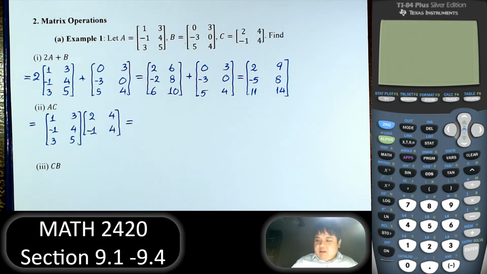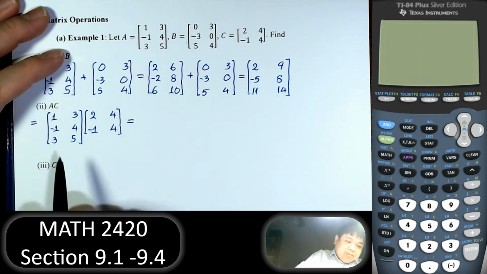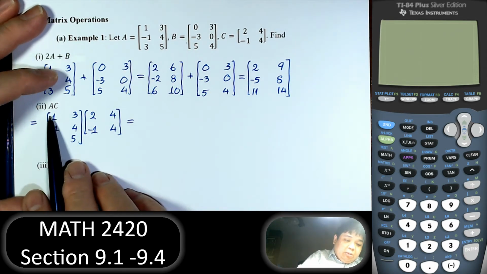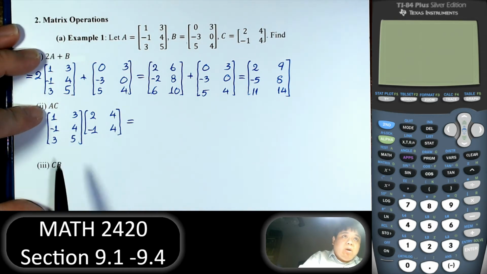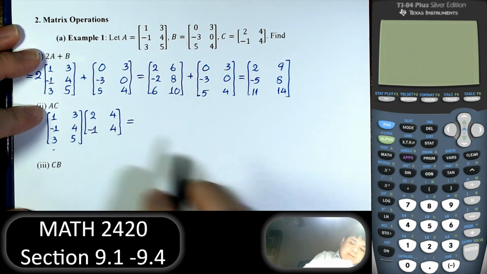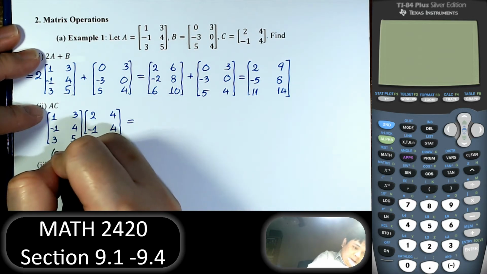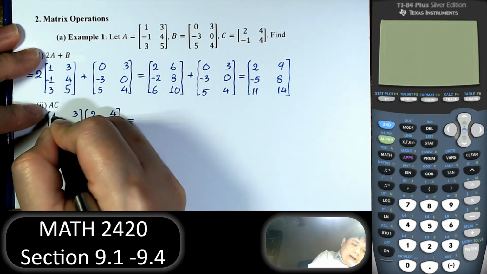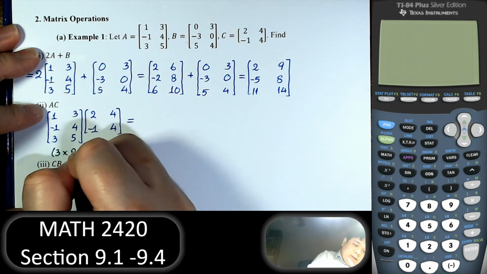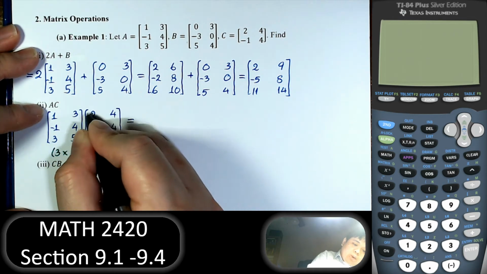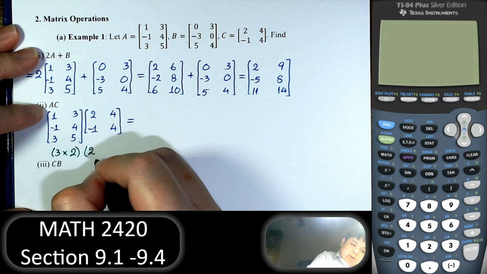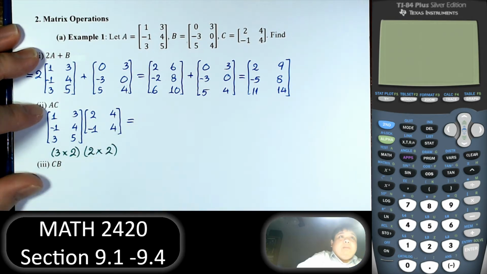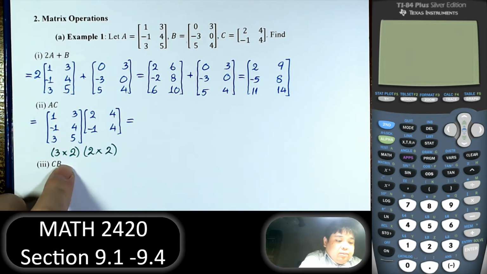If not, that's fine. So when we multiply the matrix, before we do anything, just look at this is a matrix that has 1, 2, 3 rows and 2 columns. This one has 2 rows and 2 columns. So when we multiply the matrix, first we look at the dimension. So 3 by 2 and 2 by 2.